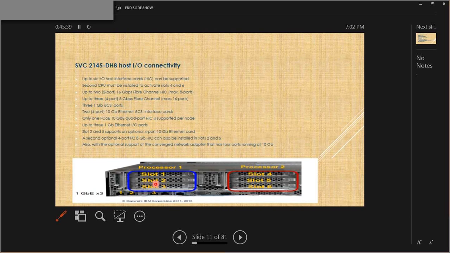We connect it using this SAS card. That SAS card we usually connect at slot number 3 with 2 ports. That card will have 2 SAS ports with 6 Gbps speed. Okay. So since we can have 2 expansion enclosures, we have a single card with 2 SAS ports here, and in the other node also we will do the same configuration.